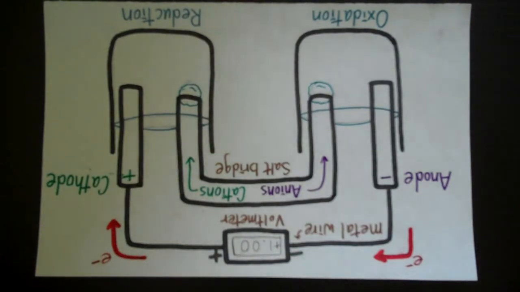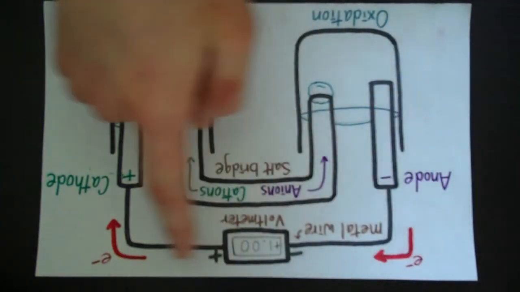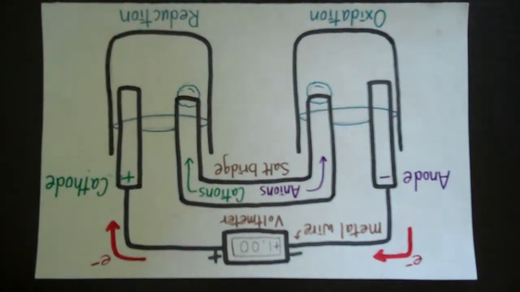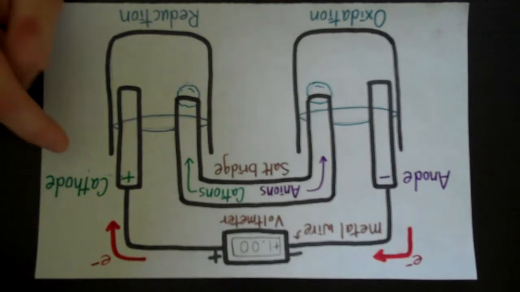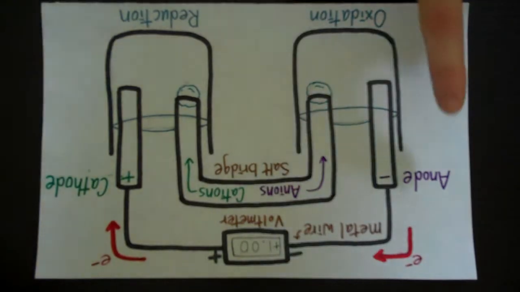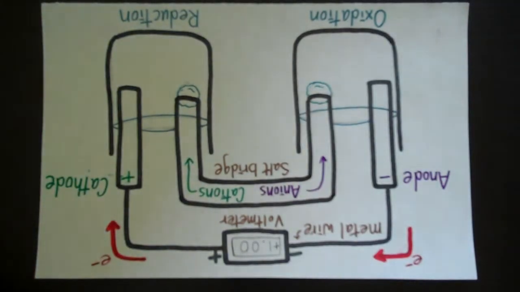As the reaction goes on, more electrons flow from anode to cathode, making the cathode more negative and making the anode more positive.